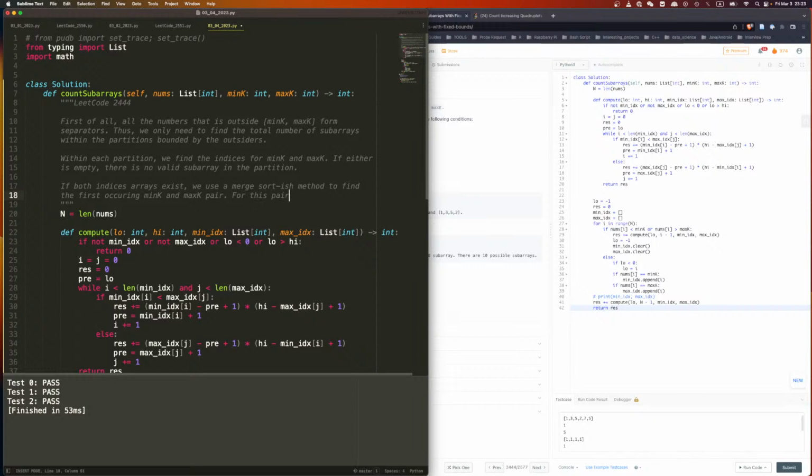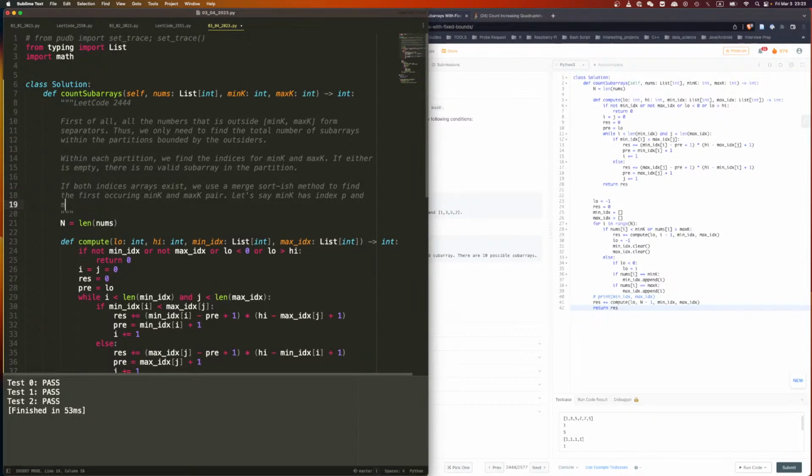For this pair, let's say the min k has index p and max k has index q, and p is smaller than or equal to q.